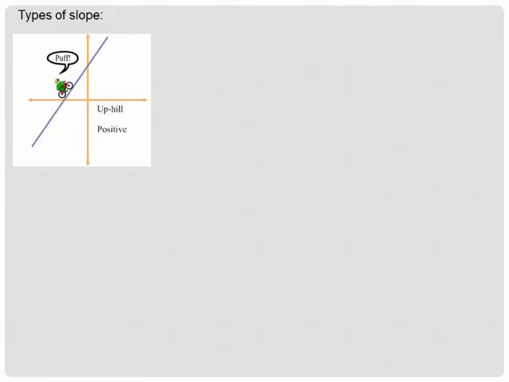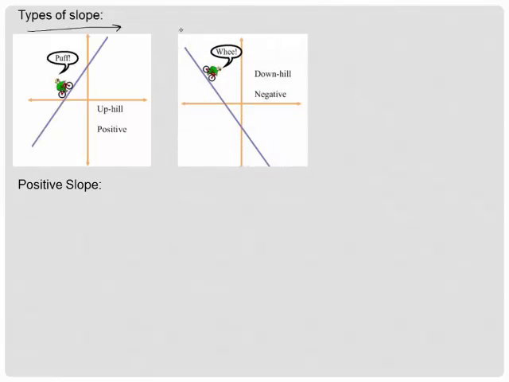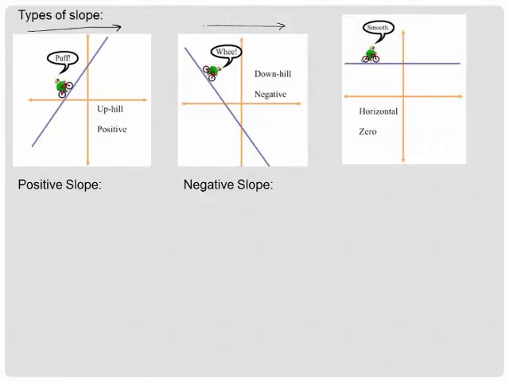Okay, we have types of slope. As we move from left to right, we read the slope. If we're going uphill from left to right, we have a positive slope. If we're going downhill as we go from left to right, we have a negative slope. If we're going completely flat as we go from left to right, our slope is 0.